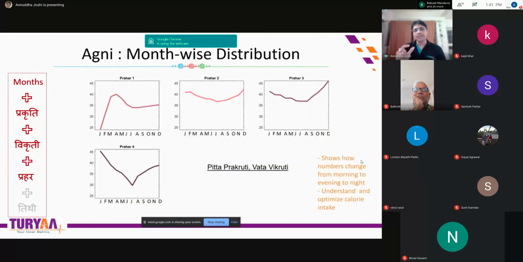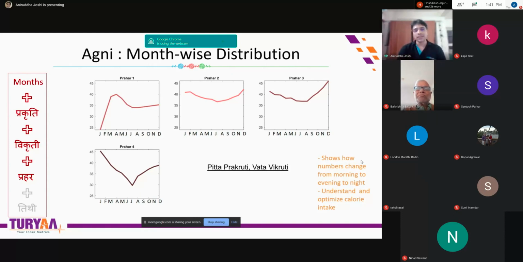If I pick up one particular block out of those 9, so 3 by 3 is 9, and from 9 I'm just picking one particular combination, which is Pitta Prakruti Vata Vikruti, which is most common, and these are the 4 time slots, 4 prahars. We heard about them. There is one prahar of Vata, one prahar of Pitta, one prahar of Kapha, again Vata Pitta Kapha.